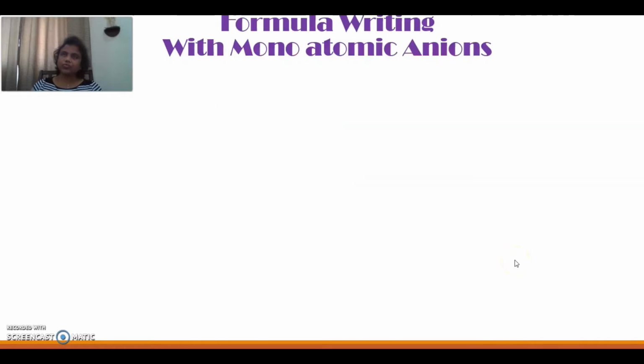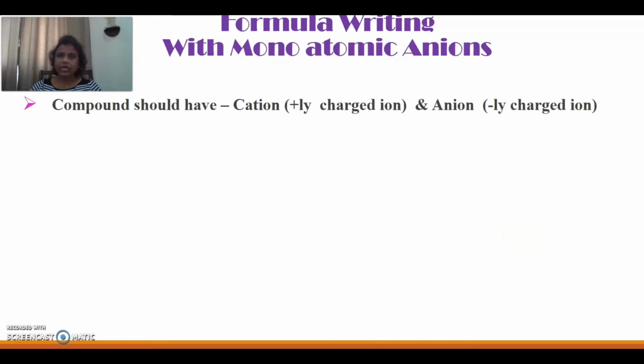When you talk about formula writing of inorganic chemistry, we have to think about the compounds first. To make a compound, you should have two parts. One is the cation, the other one is the anion. Cation is the positively charged ion, anion is the negatively charged ion.